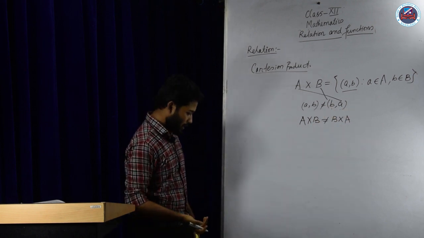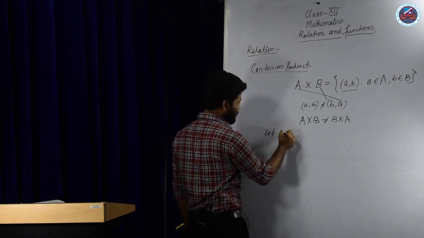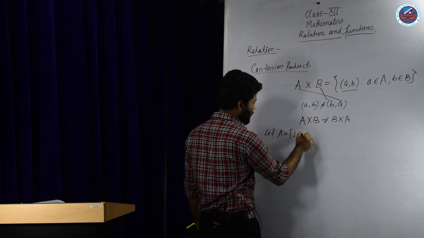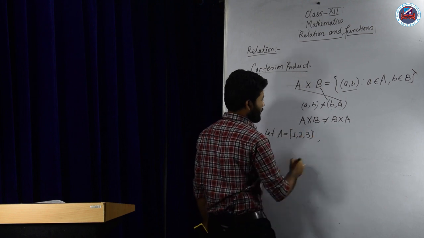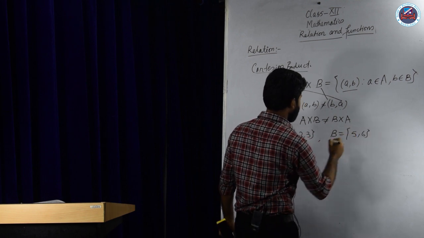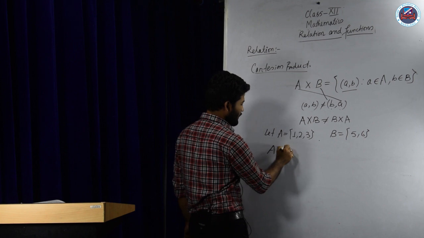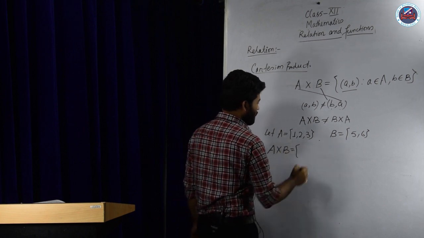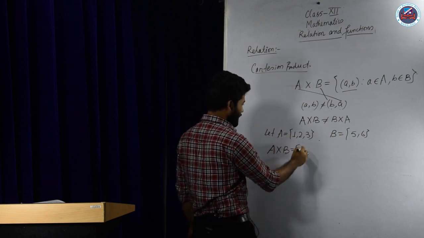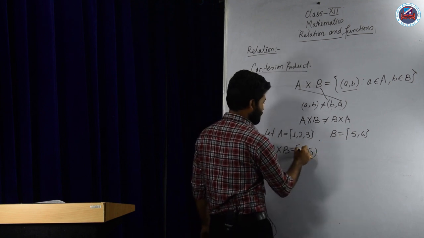So for example, let A be equal to {1, 2, 3} and B equal to {5, 6}. For writing the Cartesian product A cross B, we take the first element from the set A, that is 1, and the second element from set B, 5.